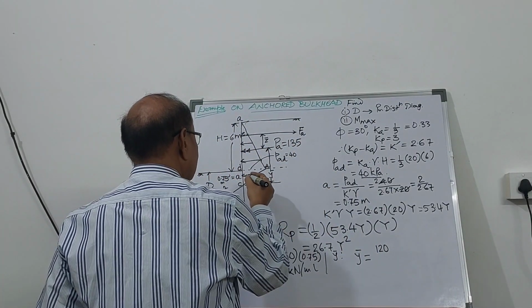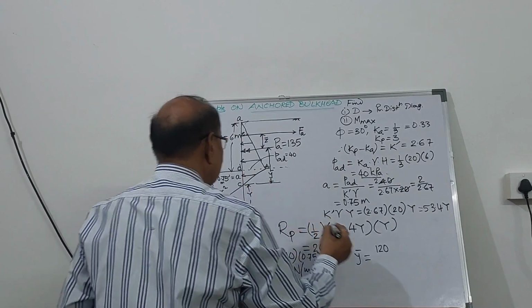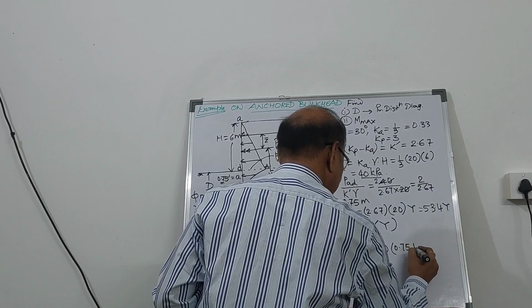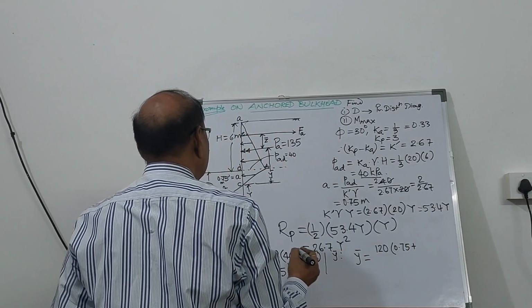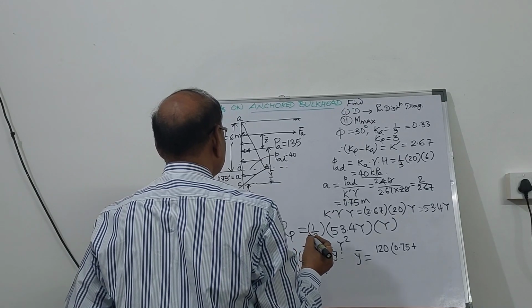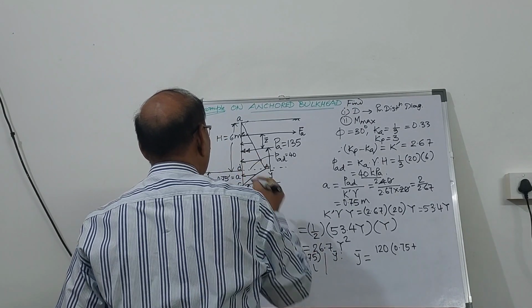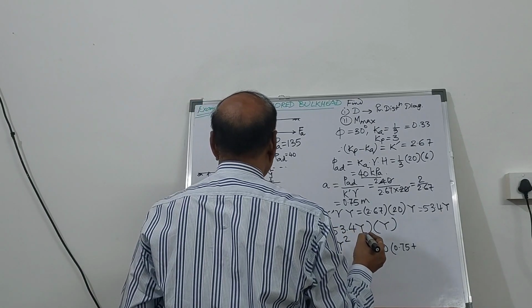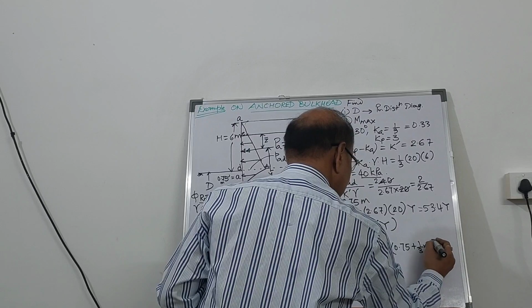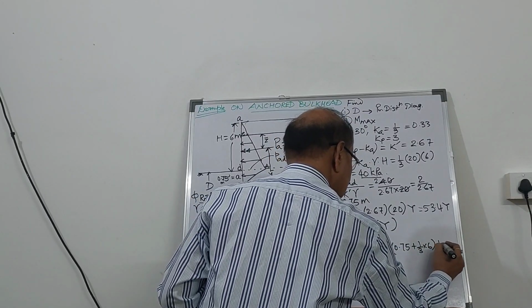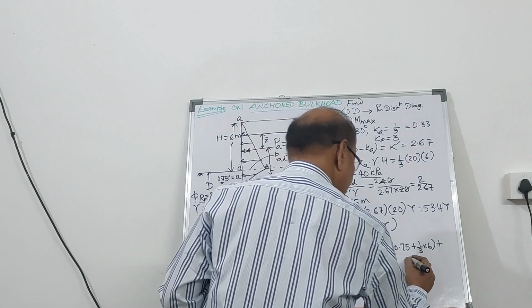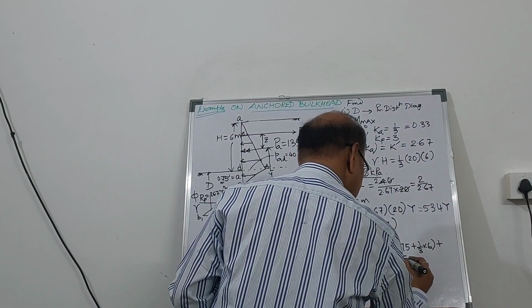This will be acting from C at 0.75 plus H by 3. So it will be 1/3 of the height, that is 6 meter, plus P2 is here, 15. So plus 15.